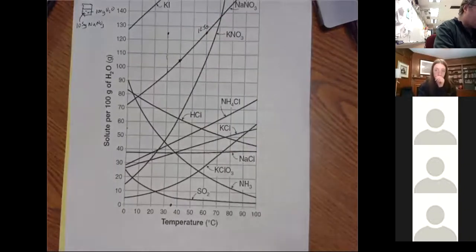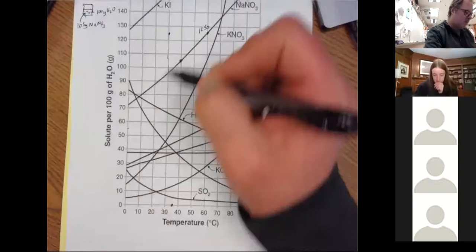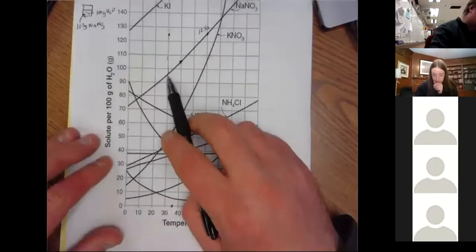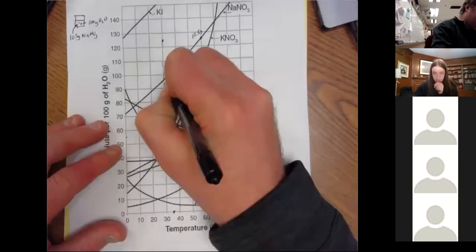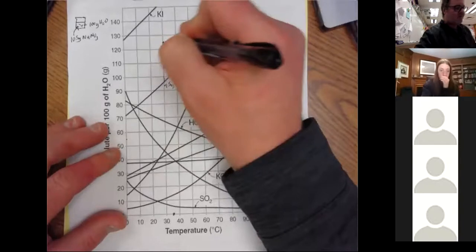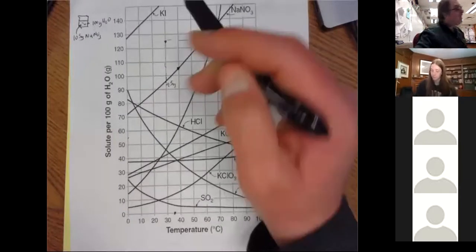So how many grams would I expect to find at the bottom at 30 degrees? Well, we know that 95 grams will still dissolve. So what is the difference between 95 and 125? 30. So that means that 30 grams will fall out of solution or deposit or precipitate.